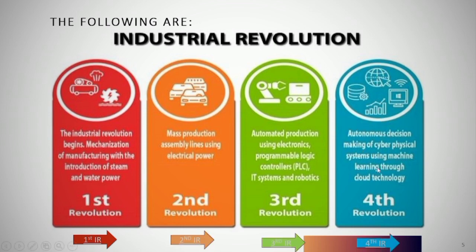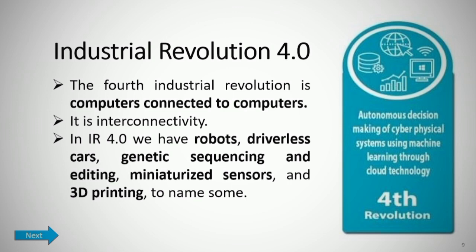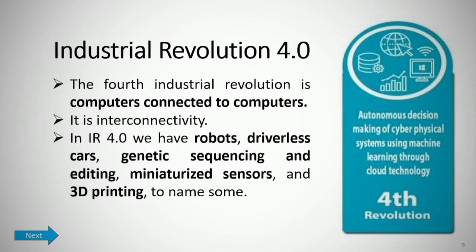Next, let's proceed to the fourth revolution, the autonomous decision making of cyber physical systems using machine learning through cloud technology. So in Industrial Revolution 4.0, or the fourth industrial revolution, computers are connected to computers.